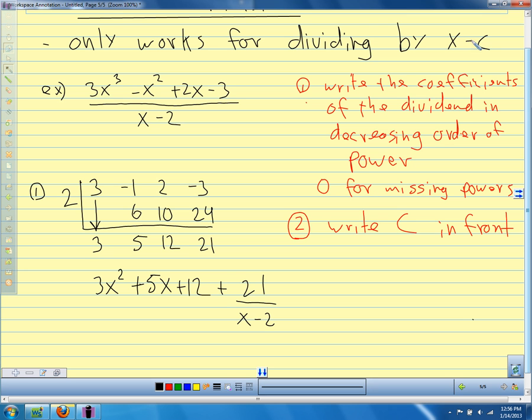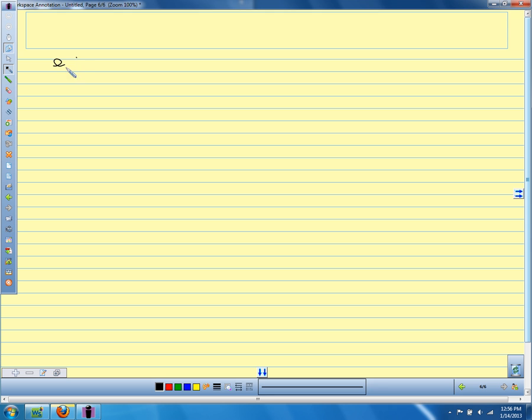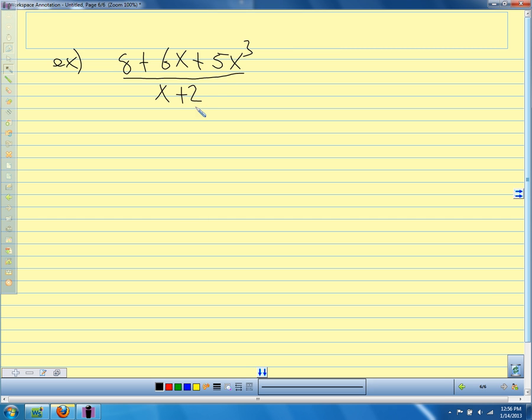All right, so let's do another quick example of synthetic division. We're going to do 8 plus 6x plus 5x to the third, and we're dividing by x plus 2.